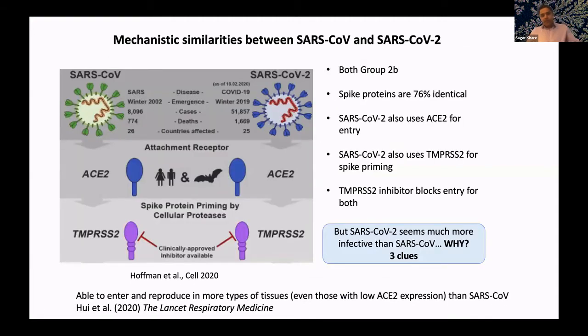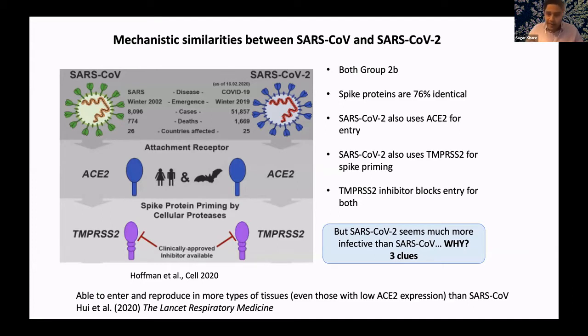And now let's think about how the spike protein is similar or different compared to the SARS virus. If we think about SARS-CoV or SARS-1, both of them belong to the same group, as our boot camp participants have seen in their phylogenetic tree analysis, meaning that they are quite closely related.